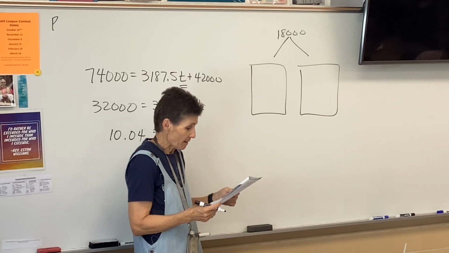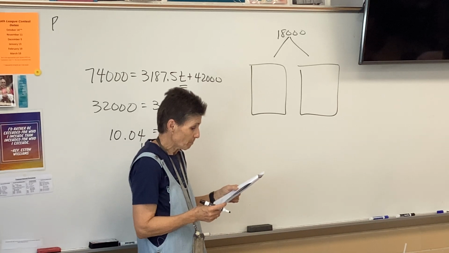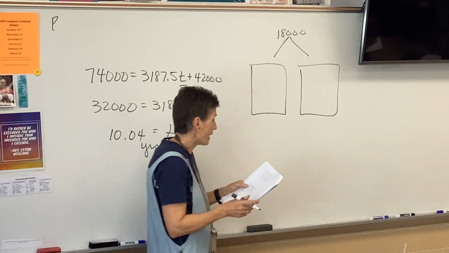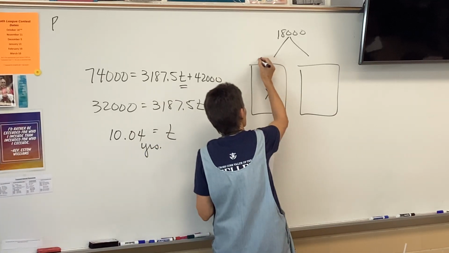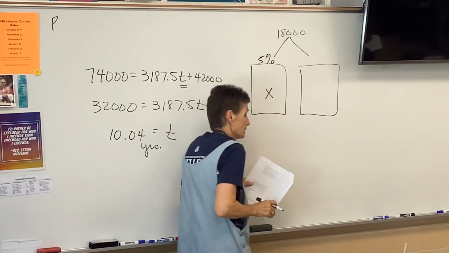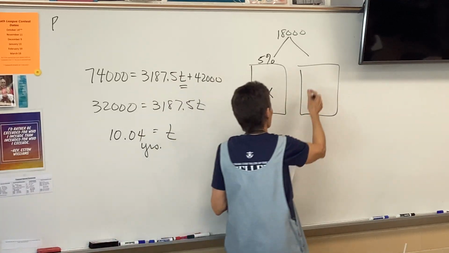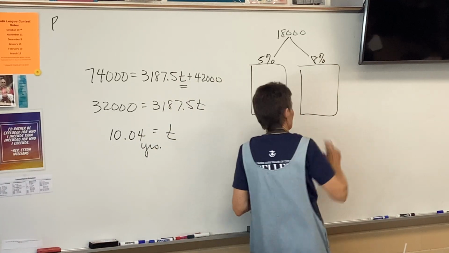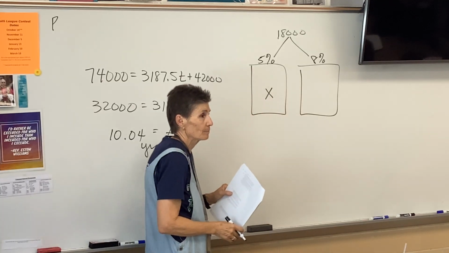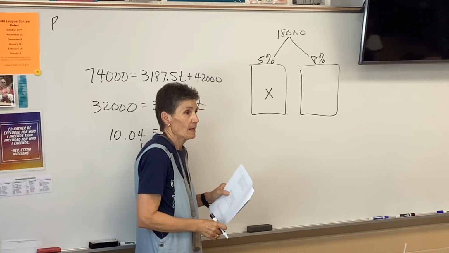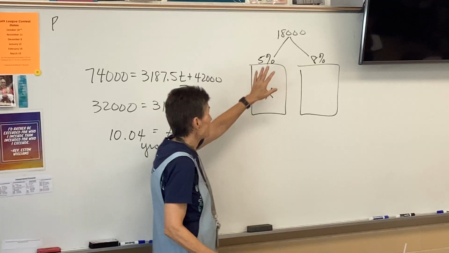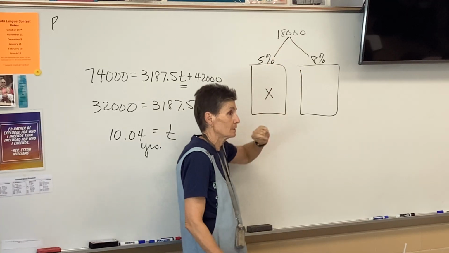Now, what does it say? She is going to put X into the 5% container and the rest into the 8% container. Now, think about it. She has 18,000 altogether.